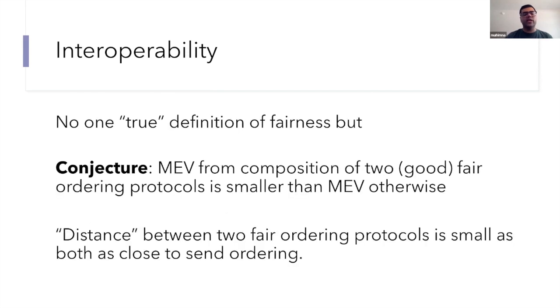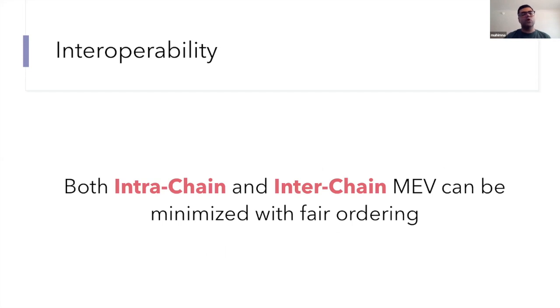Intuitively, I can back this up by saying the distance between two fair ordering protocols will be small, as both of these will be close to some global notion of send ordering, or an ideal world notion. So essentially what I'm claiming is both intra-chain and inter-chain MEV can be minimized if all the corresponding components have some fair ordering protocol. They may be different fair ordering protocols, but they have some kind of fairness associated with them.